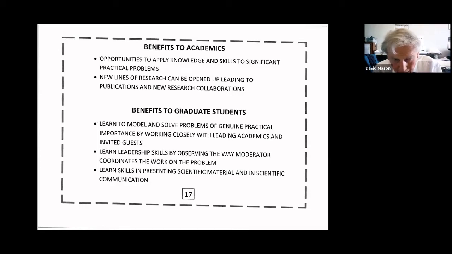Benefits for academics: new lines of research can be opened up. It's not just the problem itself, it opens up a line of research. Publications and new research collaborations, and benefits for graduate students: scientific communication, making presentations, seeing how mathematical modeling is done. There's this one also, learn leadership skills by observing the way the moderator coordinates and works on a problem and sees how a problem's modeled.